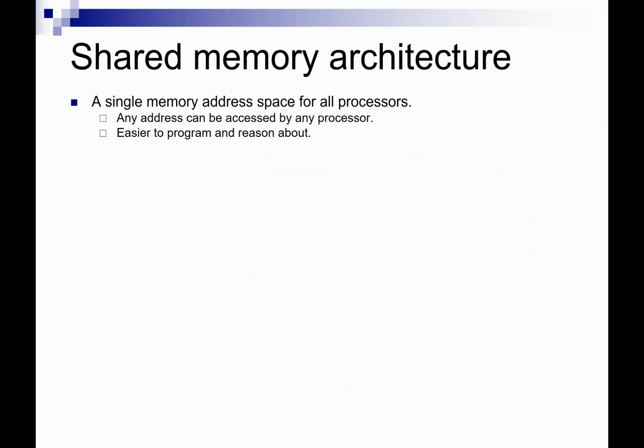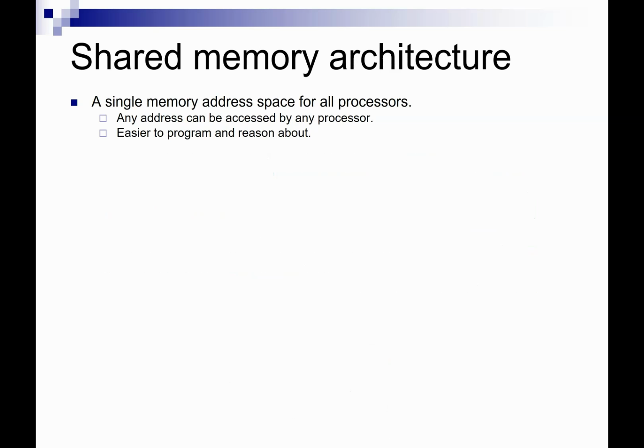Now, using the links and the switches, we can build basically 2 large classes of memory architectures for parallel computers. The first class is the shared memory architecture. For the shared memory, we have a single memory address space for all the processors.